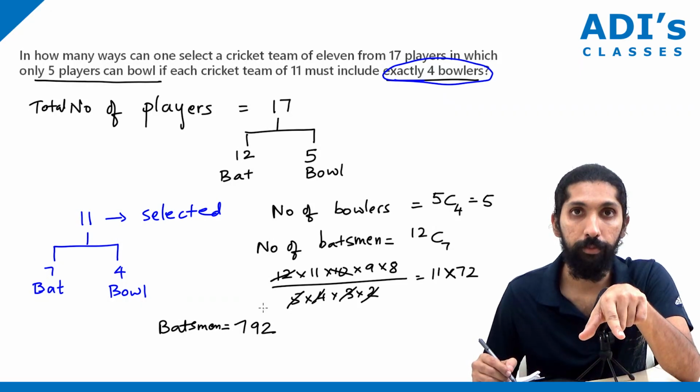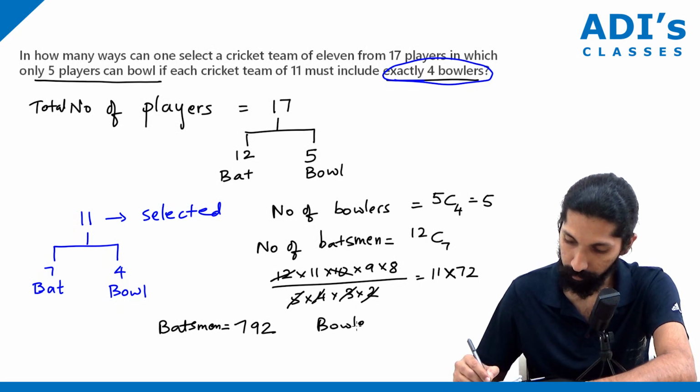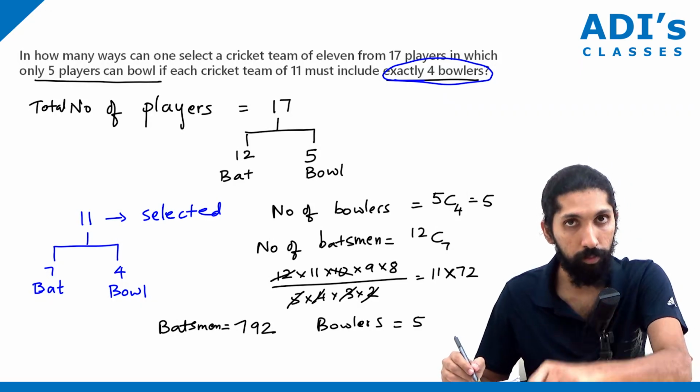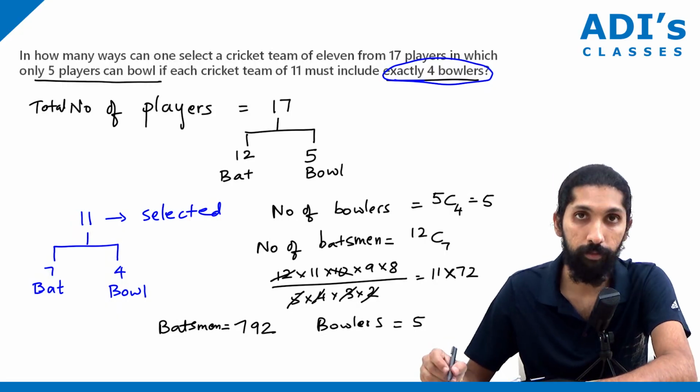And it is multiplied by the number of bowlers, 5. There are 5 different ways we can choose. So what is the total number? 792 into 5, correct?